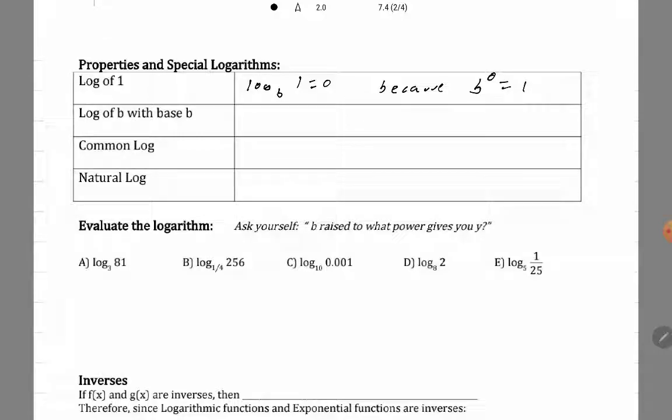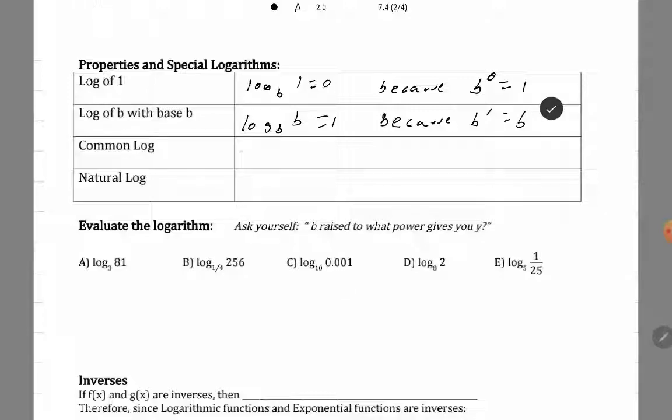Okay, log of b with base b. So if we have log base b of b, that's going to equal 1, because b to the first is 1, or itself. B to the first is b.